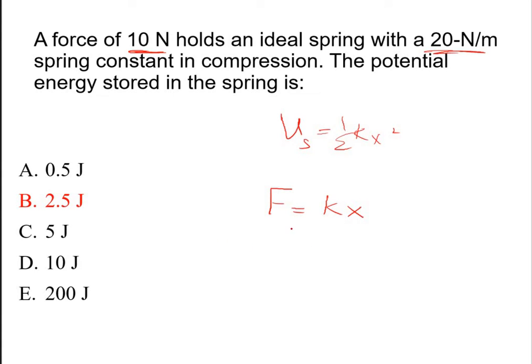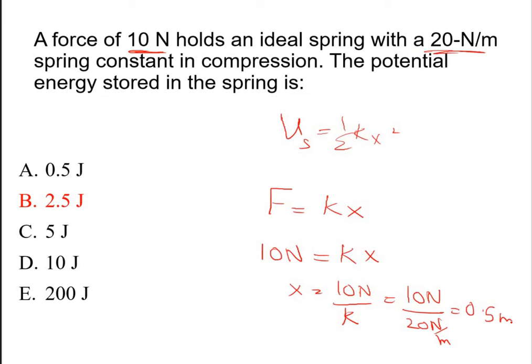So that force is 10 newtons, and therefore x is 10 divided by k. So that's 10 Newton divided by 20 Newton per meter, which is 0.5 meters. That's your compression. You plug that into this equation, you'll get this answer.